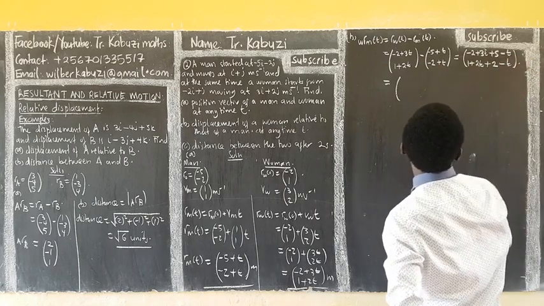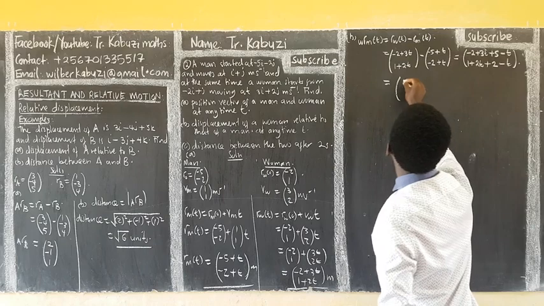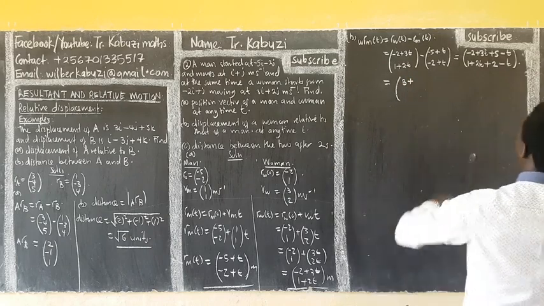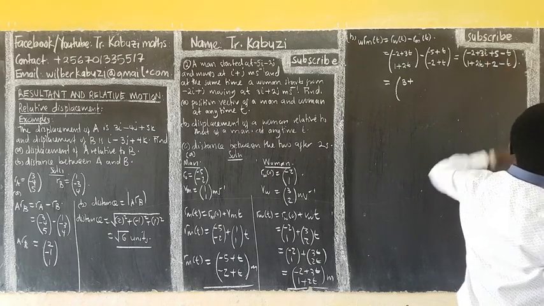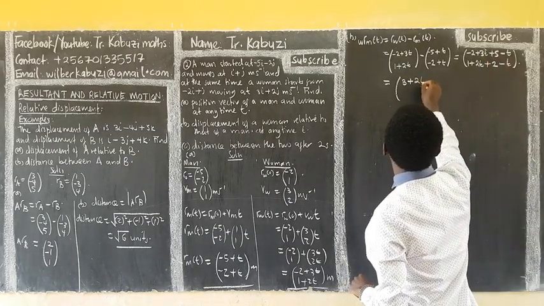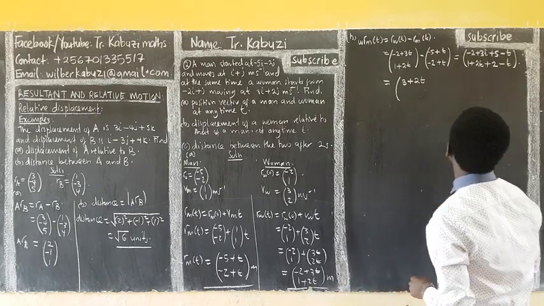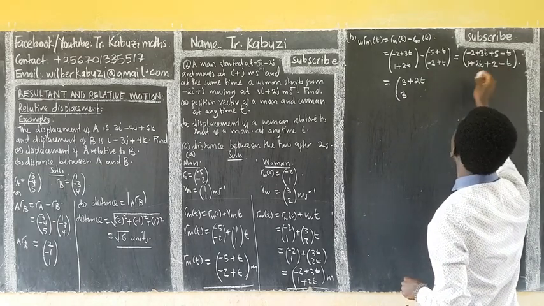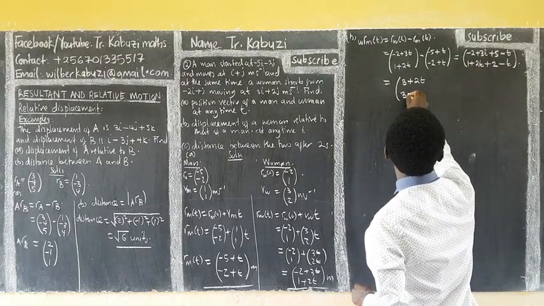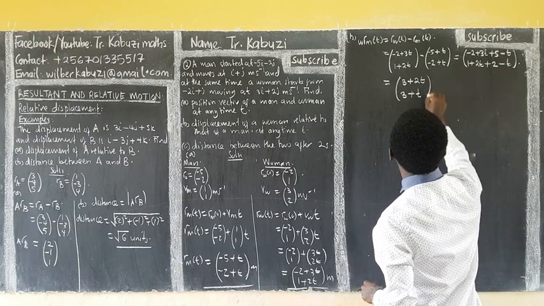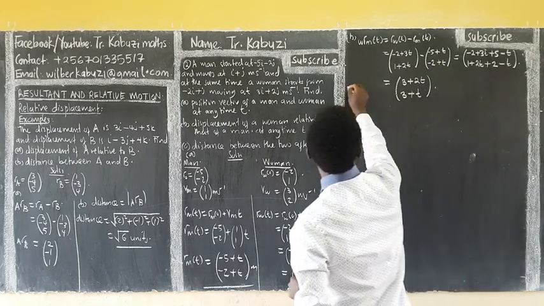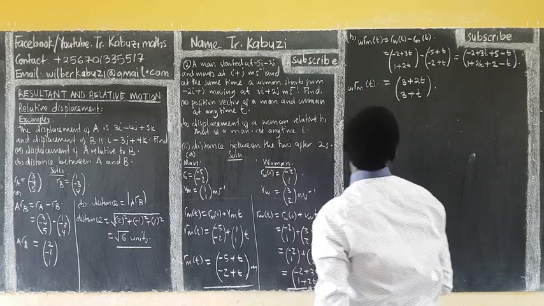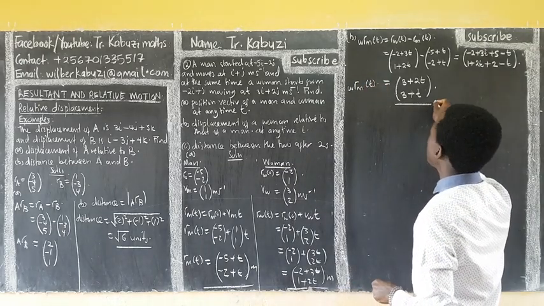So you simplify, -2 plus 5, get a 3, plus 3t minus t, get 2t. Then 1 plus 2 will get 3, then 2t minus that will get plus t. Okay, so this is our displacement of the woman at any time t from that of the man.